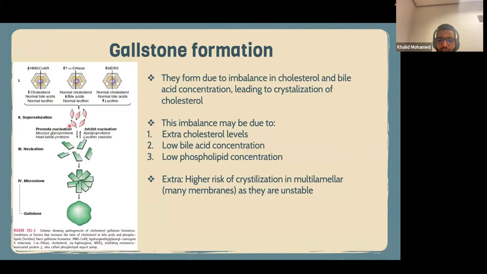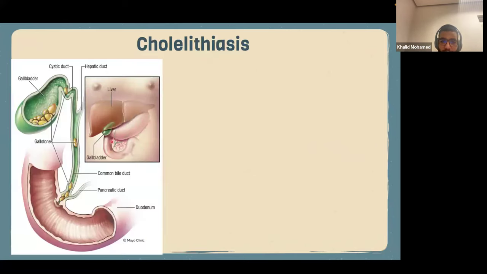So supersaturation, so saturation of cholesterol because of one of these three reasons, and then they form small crystals here and there, nucleation, and then they form a microstone, which will eventually turn into a gallstone if more crystals join.